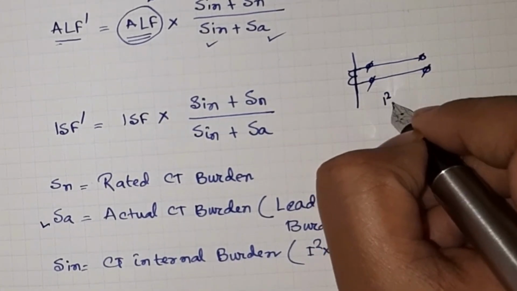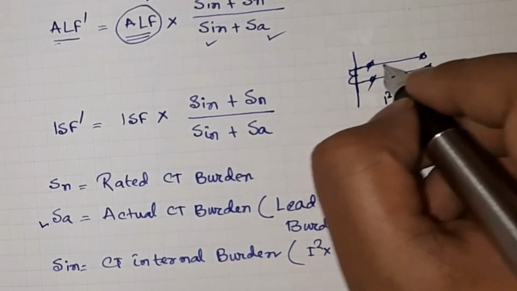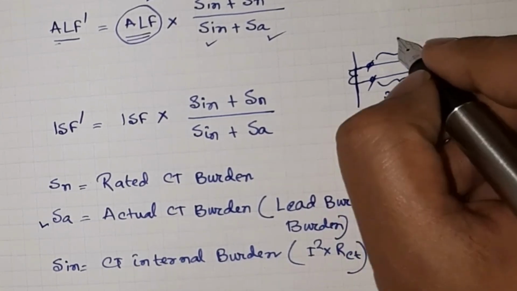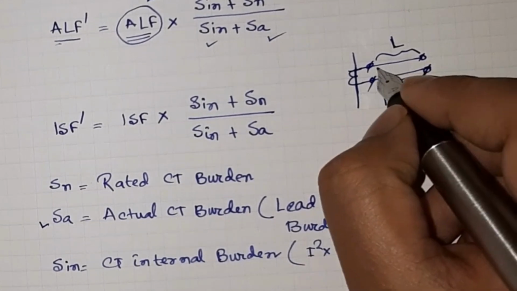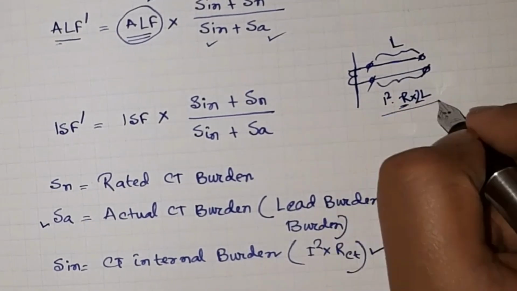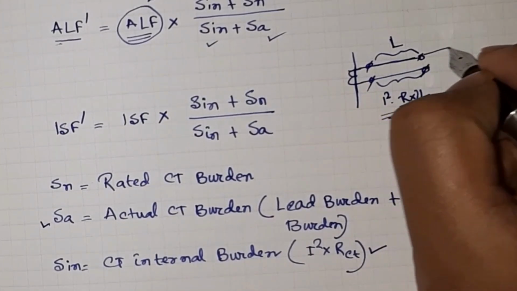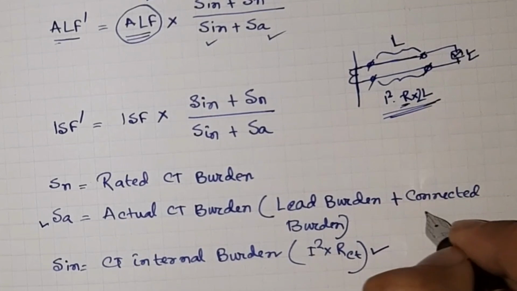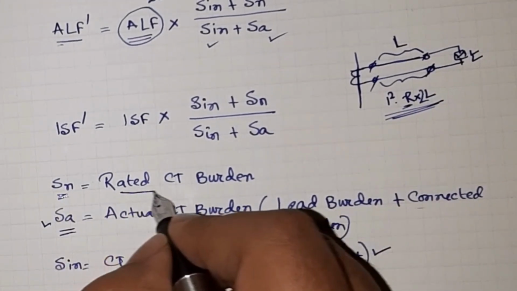That means this is I squared into R into L, where L is the length of the lead, and R is the resistance per unit length. The connected burden means the meter or the instrument connected here. It also has a power demand, so that is the connected burden. This will be Sa, and Sn is your rated CT burden.